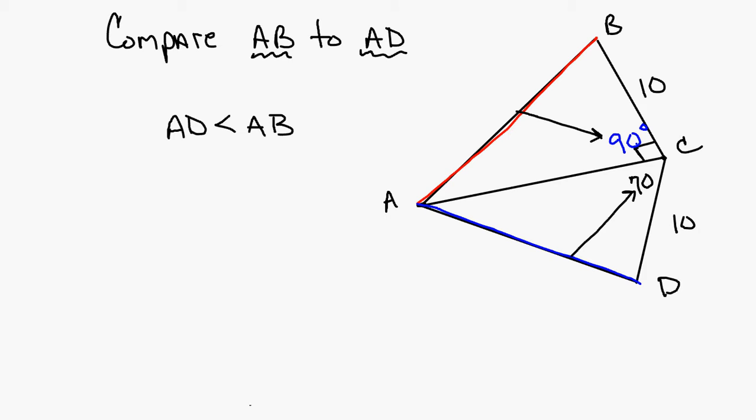The opposite of 90 is AB. Yes, the side opposite of 90 degrees is side AB, and the side opposite of 70 degrees is side AD. The longer side is opposite the larger angle.